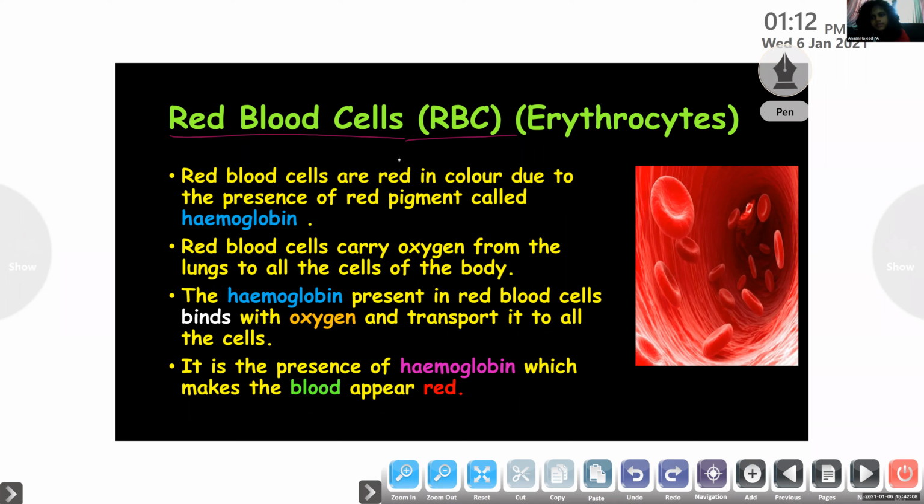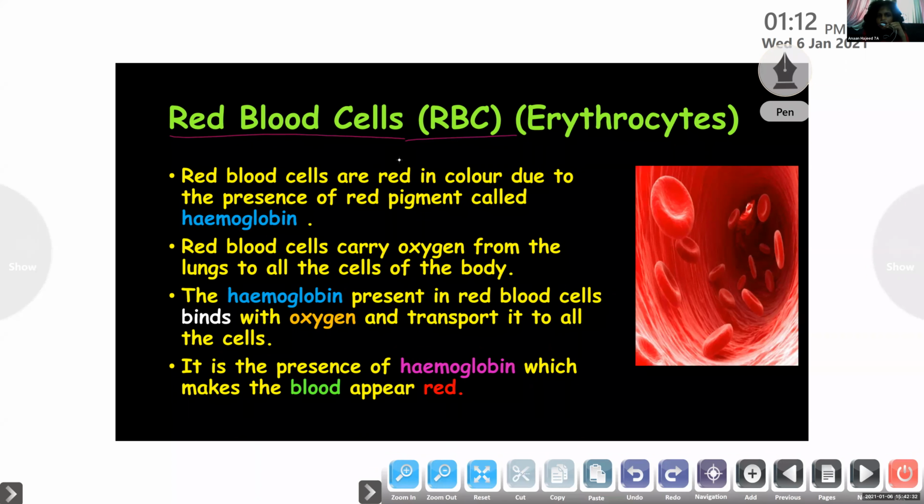So, Amna, what is the reason for the red color of the red blood cells? Hemoglobin. What is hemoglobin? Let me call one student. Yes, Anand, tell me what do you mean by hemoglobin?